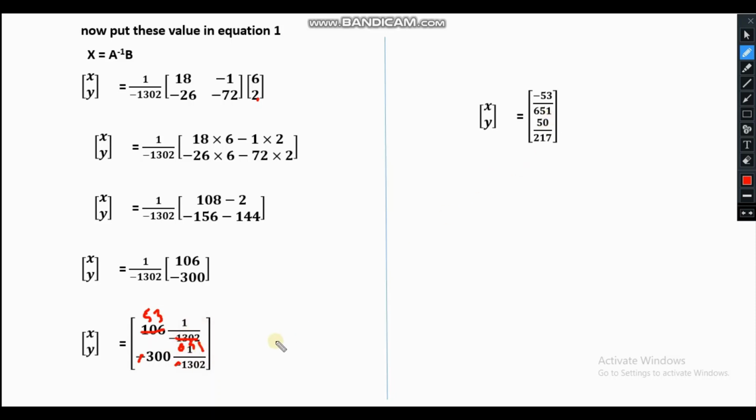So we can write them in this form. So the value of x and y we can write in this form. Above, this is the value of x and this is the value of y. So we can write in this form.